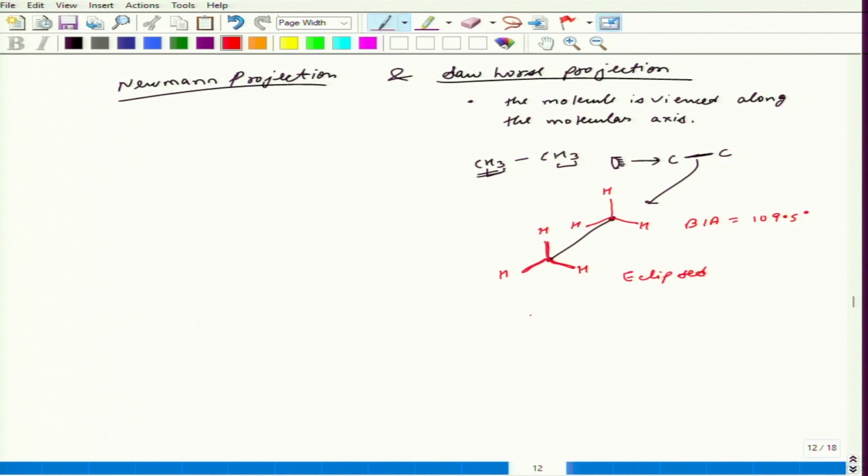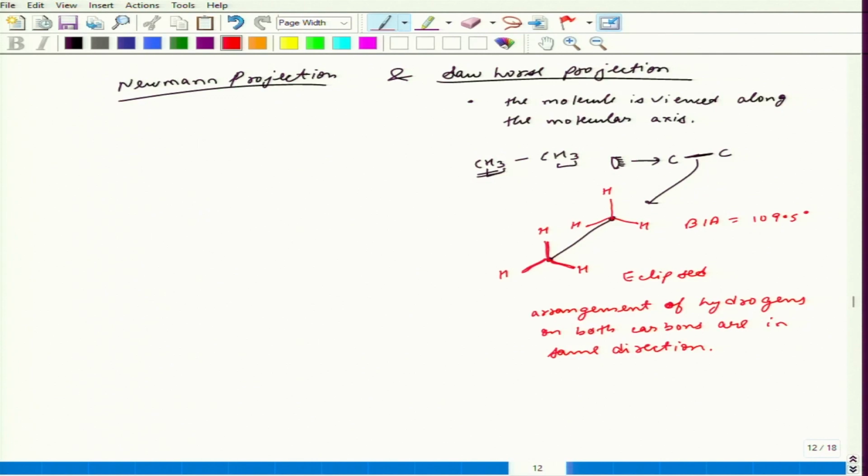The arrangement of hydrogens on both carbons is in the same direction.